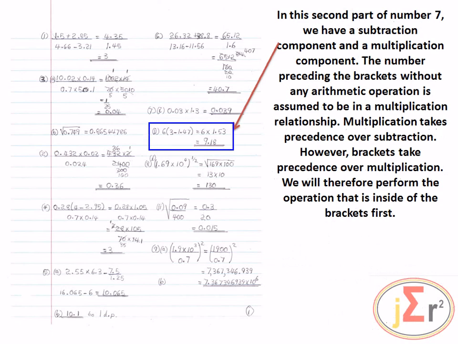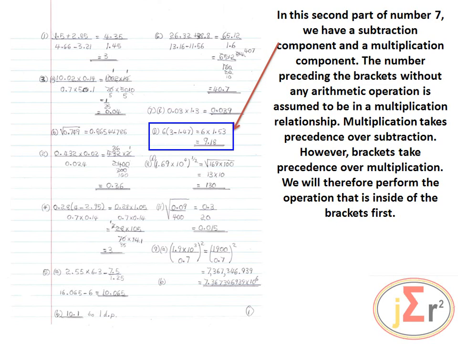In this second part of number 7, we have a subtraction component and a multiplication component. The number preceding the brackets without any arithmetic operation is assumed to be in a multiplication relationship. Multiplication takes precedence over subtraction. However, brackets take precedence over multiplication.